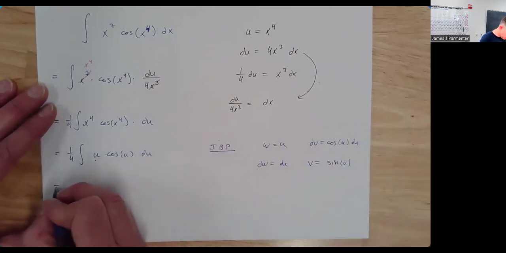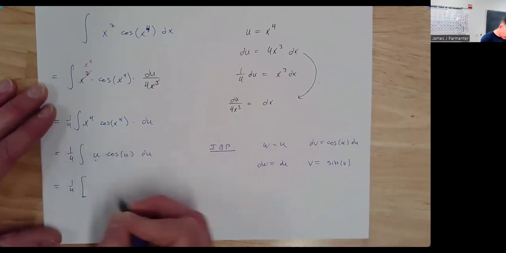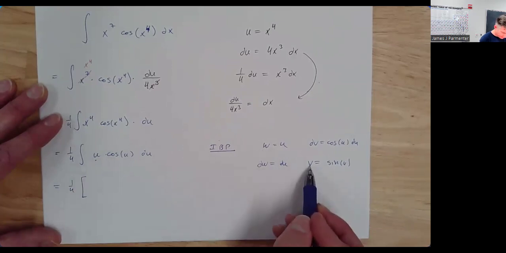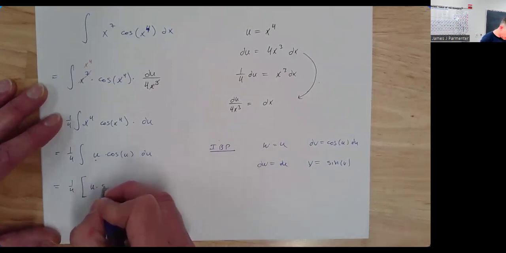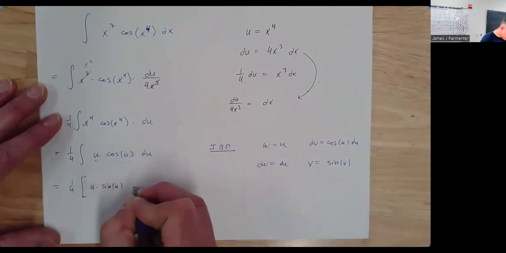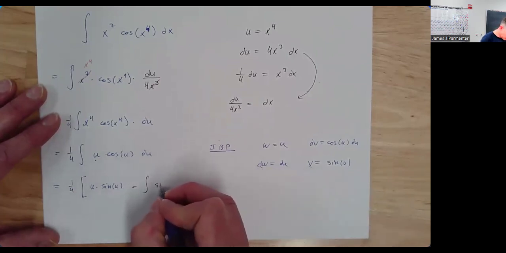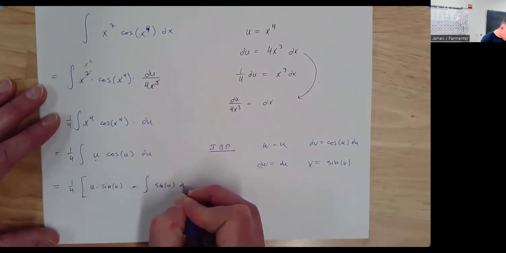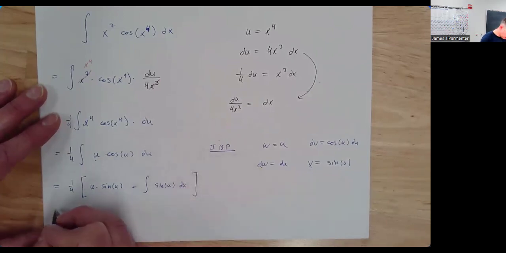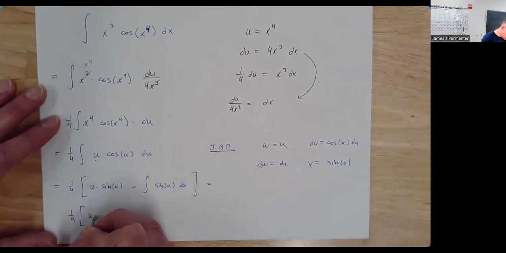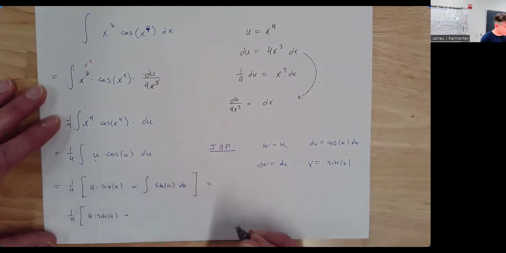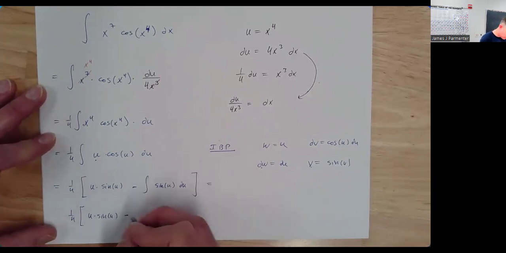So I'm going to rewrite this as 1/4 times my wv, which is u times sine of u, minus the integral of my v dw, which is sine of u du. And then we're going to get 1/4 u times sine of u minus the integral of sine of u, which is plus cosine of u.